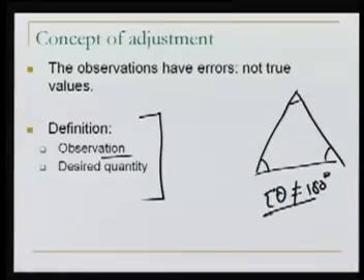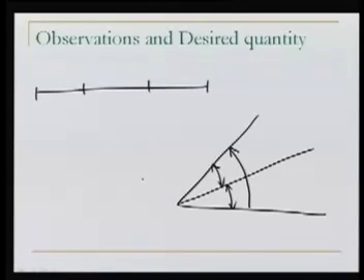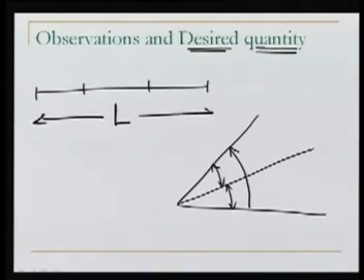One is observation and the second is the desired quantity. What are these? Let's first talk about the desired quantity. We want to measure this full length L, but we have a tape which is smaller in length than this full length capital L. So with that we are observing this in parts.